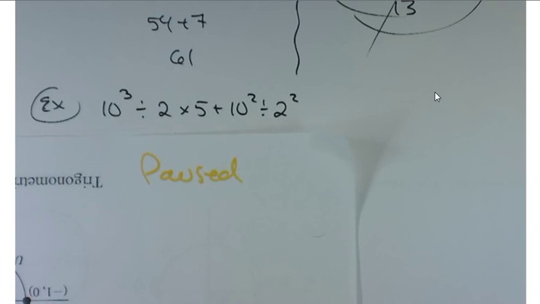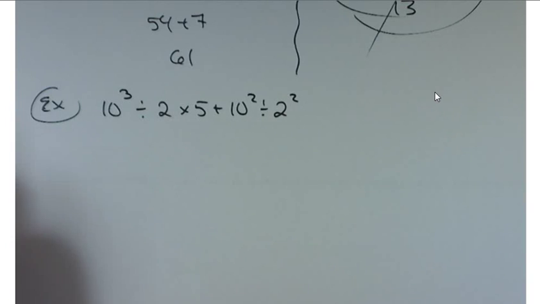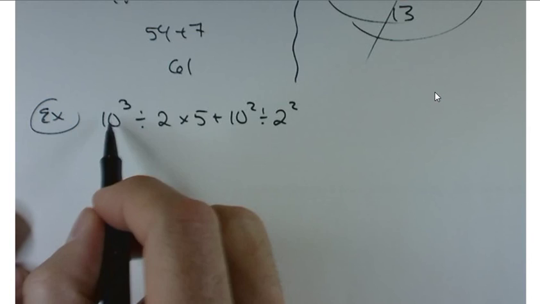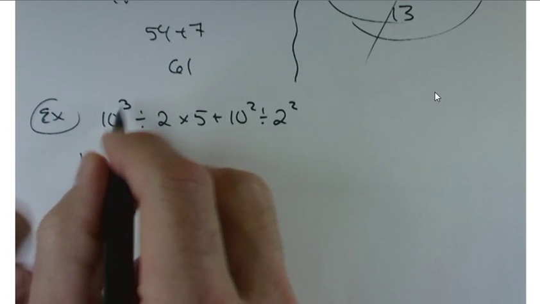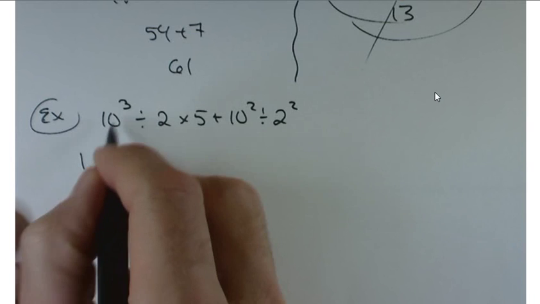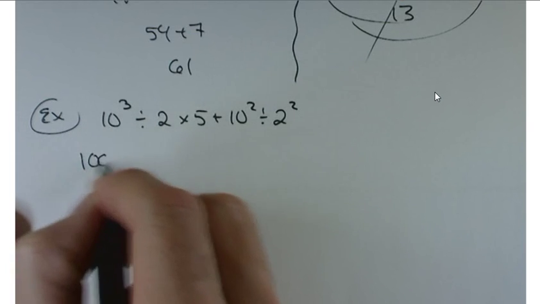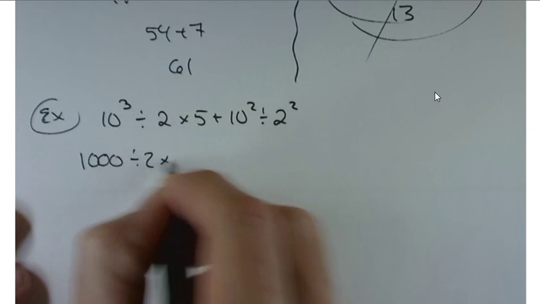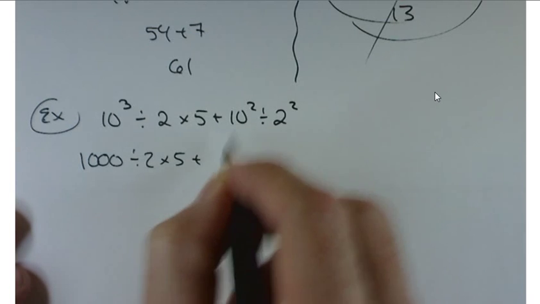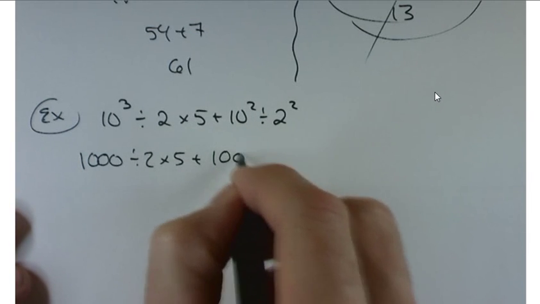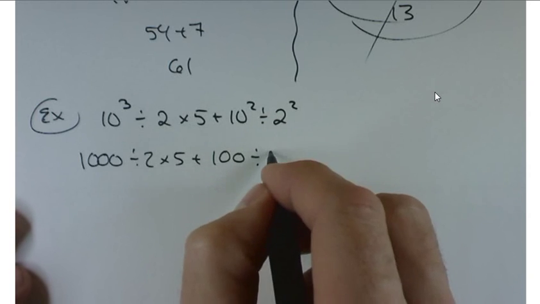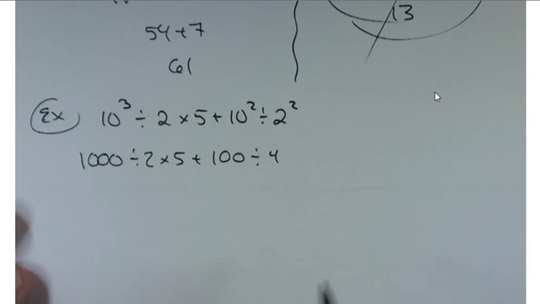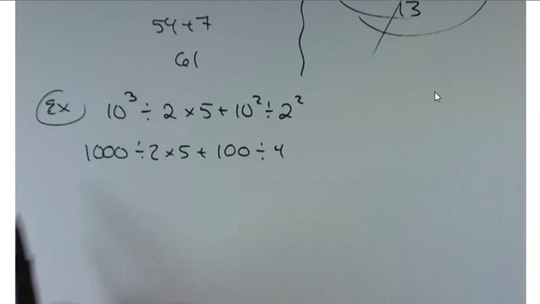So let's start with some exponents here. 10 cubed, that's 10 times 10 times 10. Yeah, it's a 1 and then 1, 2, 3 zeros. Divided by 2 times 5 plus 10 squared is a 1 followed by 2 zeros. And 2 squared is 4. So, okay. Let's again be careful in moving left to right.